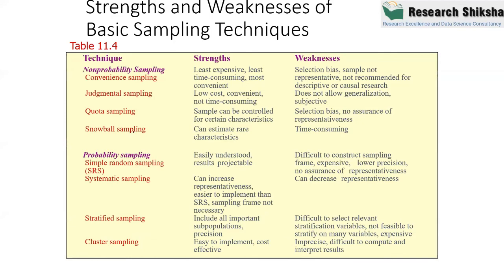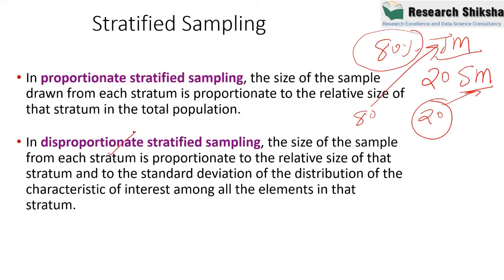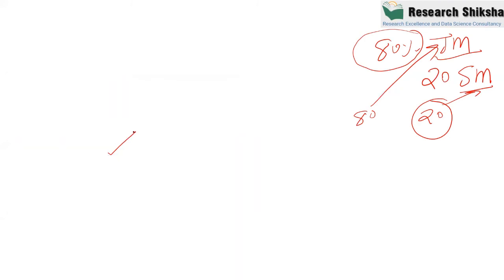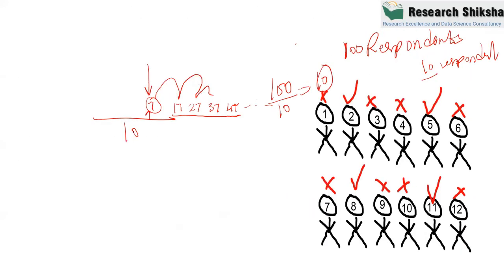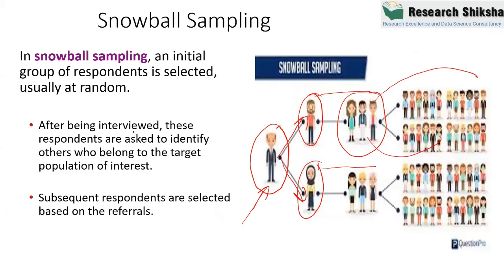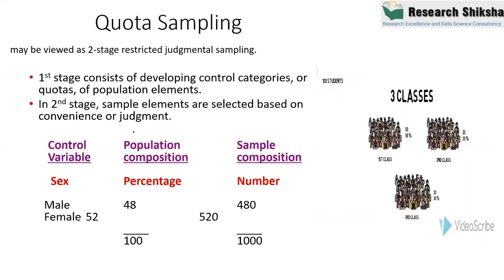But if you ask me in practical, most of the time we go for judgmental sampling or snowball sampling, because practically they are giving you a lack of biasness and the chances of getting good data.